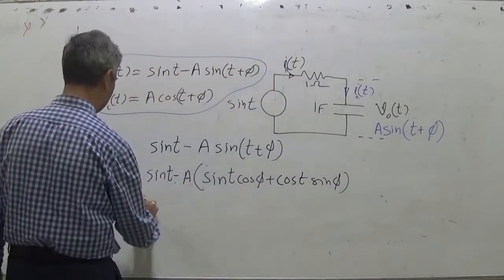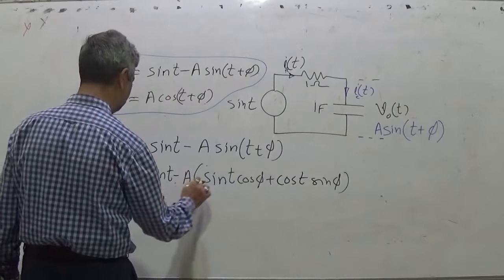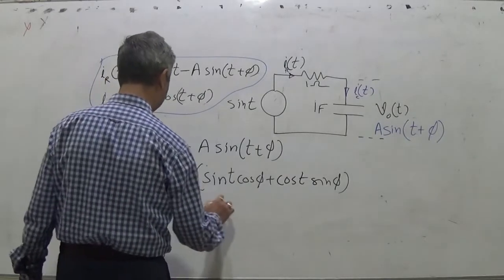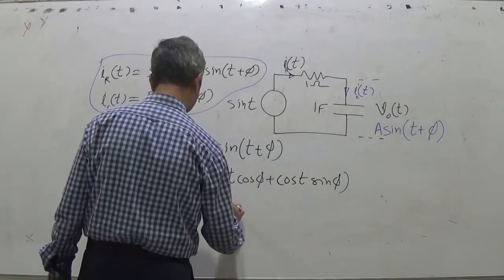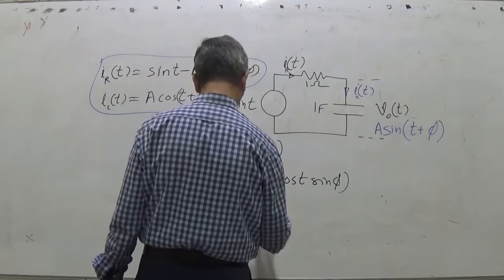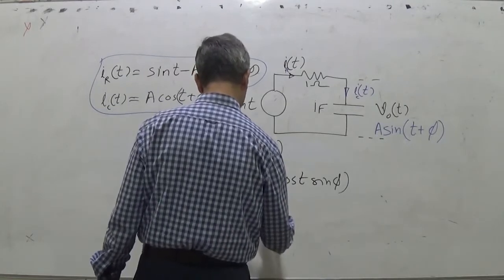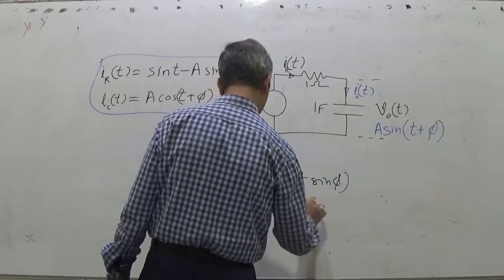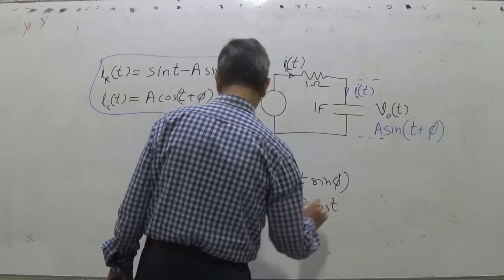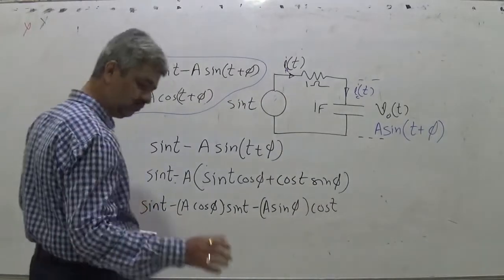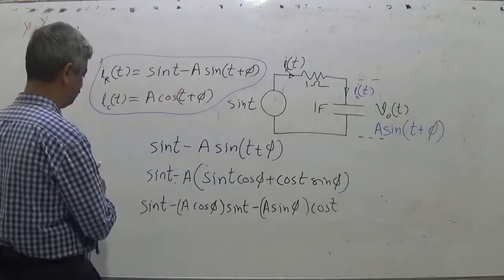So this I can write as sin t minus a cos phi sin t minus a sin phi cos t. So it is becoming much longer.